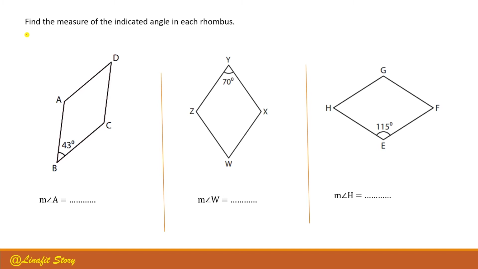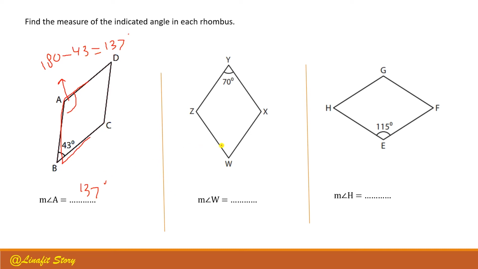Find the measure of the indicated angle in each rhombus. The measure of angle A is equal to, this is a C shape. So A is equal to 180 minus 43, which is equal to 137 degrees.